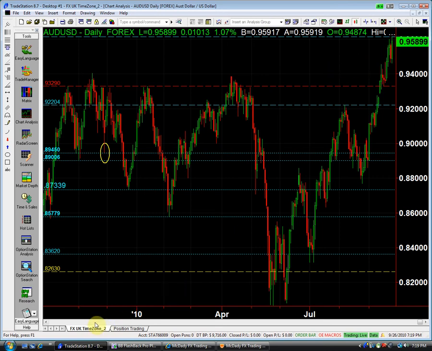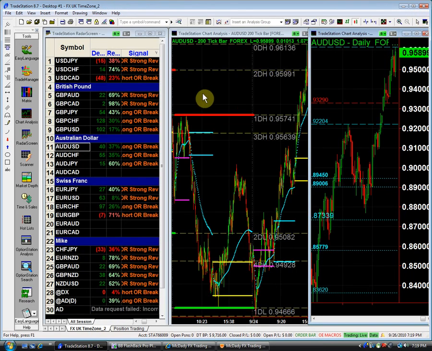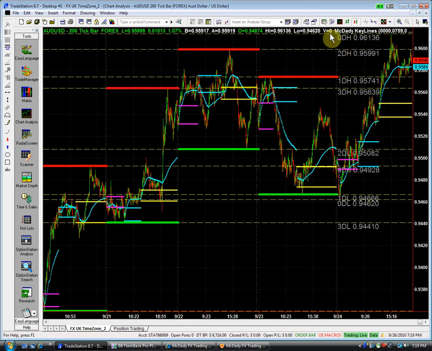The short point, if we go to the 200 tick, the short point, rather than going down to these one-day lows, obviously we're not really looking to be short this.